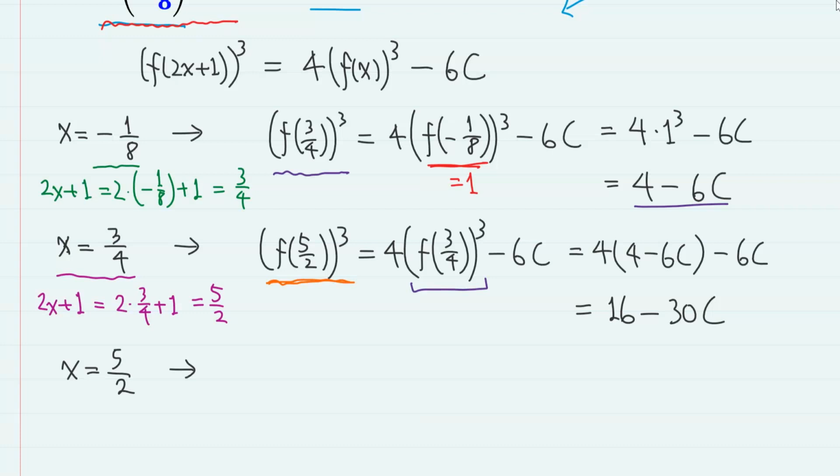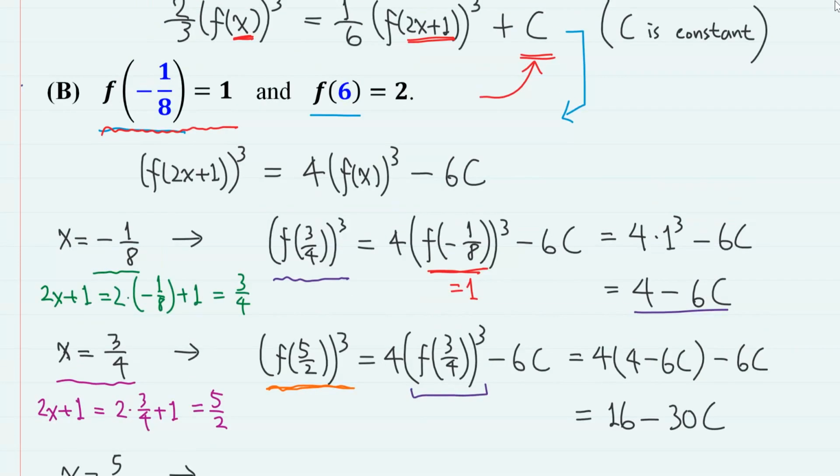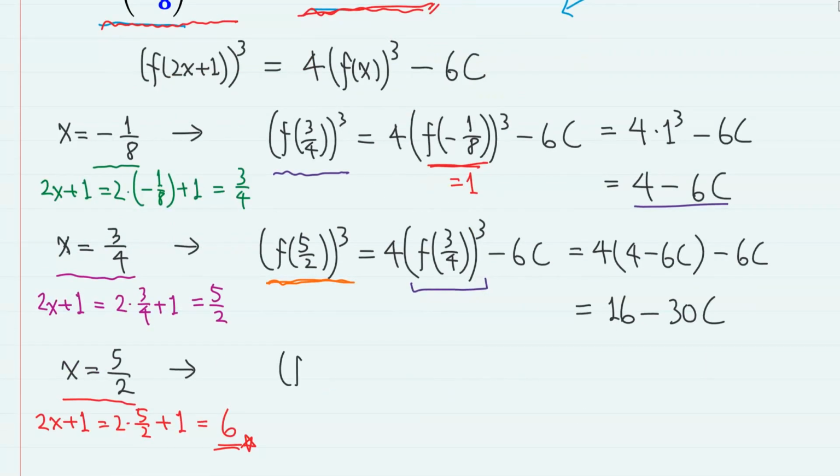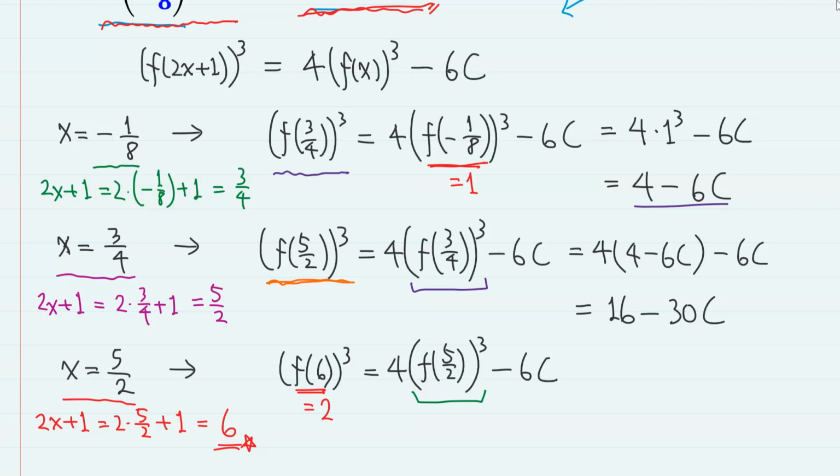And guess what happens if we substitute x equals 5/2? If we calculate 2x+1, we have 2 times 5/2 plus 1, which is, holy smoke, we have 6. And the value of f(6) is given in the condition. So we have f(6) cubed equals 4 times f(5/2) cubed minus 6c, and f(6) is 2, and f(5/2) cubed is 16 minus 30c.